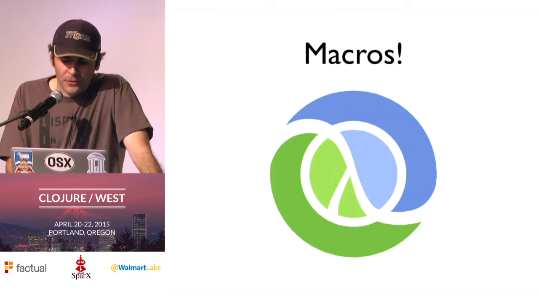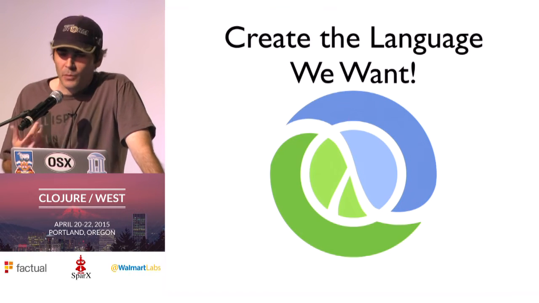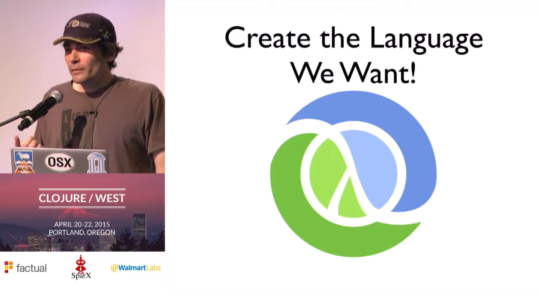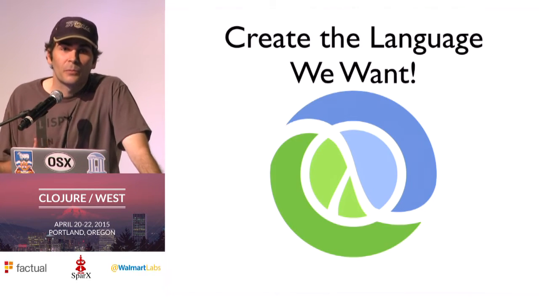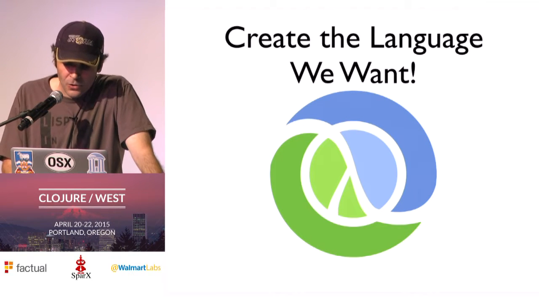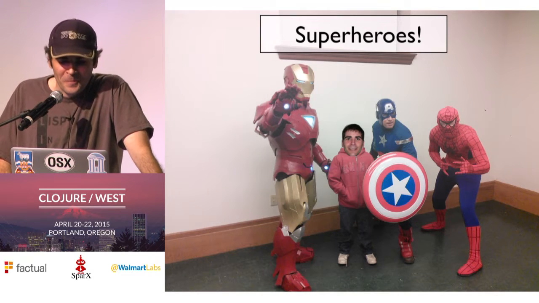So we need some more macros, because macros let us create the language that we want, not the language that we have. And the language I want looks and feels and behaves a little bit more like the Erlang that I first started functional programming with. So I need to tap into those superheroes.